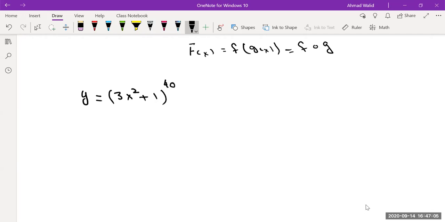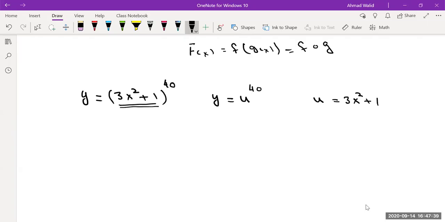Now, what I do here, I'll write y equals u to the power of 40. It means I'll name the inside function, which is 3x squared plus 1, u. Look here, u equals 3x squared plus 1. I'll do this first. I'll name 3x squared plus 1 as u, and I'll get u to the power of 40.